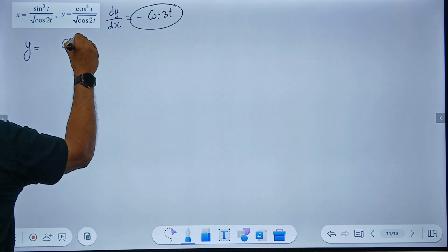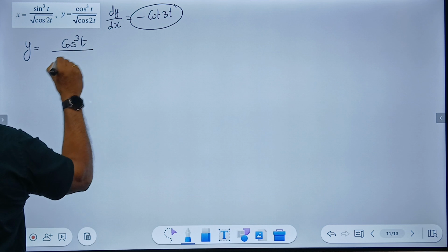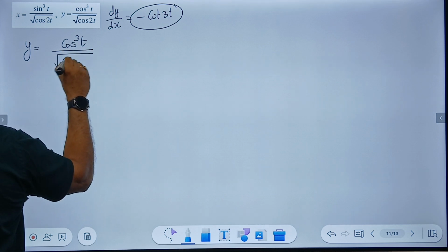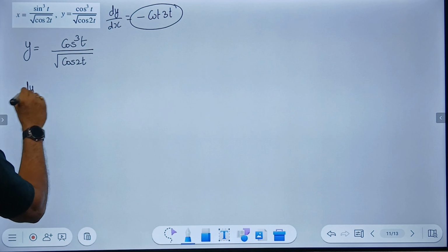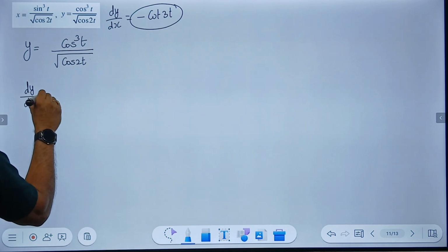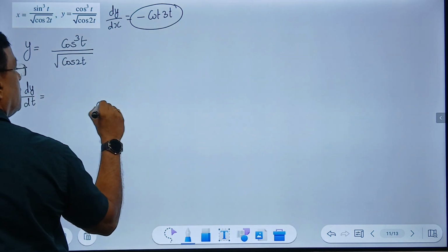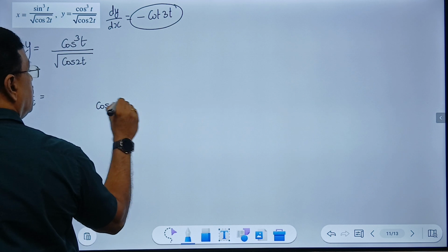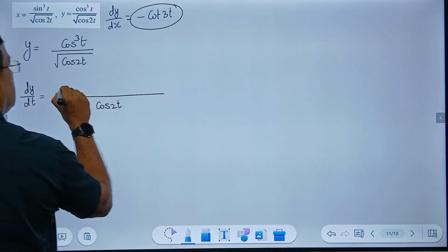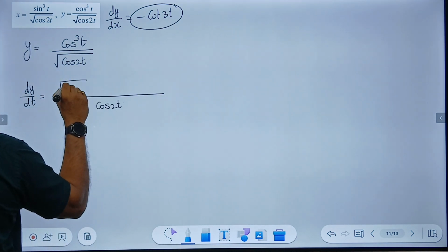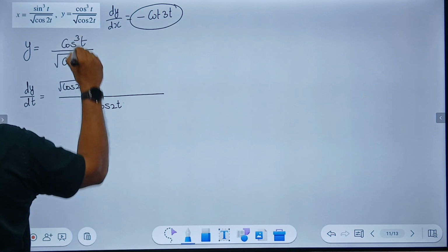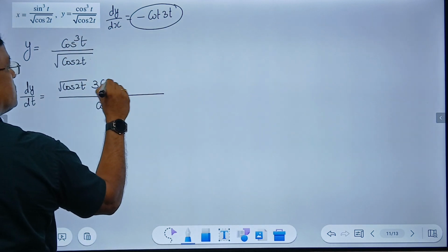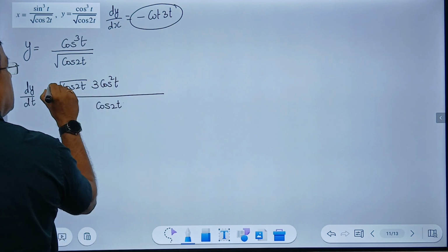It's cos cube t by root of cos 2t. Straight away, there's no shortcut. You have to do dy by dt, nothing else. Quotient rule. What do you get? Cos 2t, and I get root of cos 2t, and differentiation of cos cube t will be 3 cos square t into minus sin t.